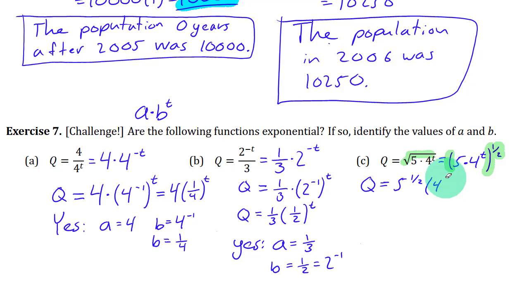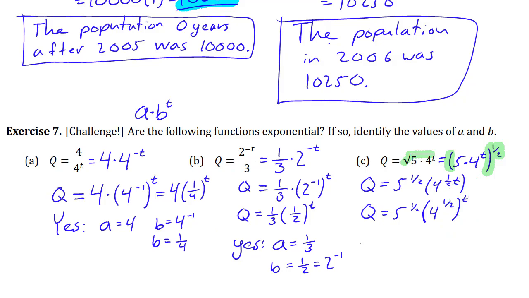And you can just write that as 4 to the power 1/2 t. Okay, now 4 to the power 1/2 t, you could write that as 4 to the power 1/2, and then that to the power t.